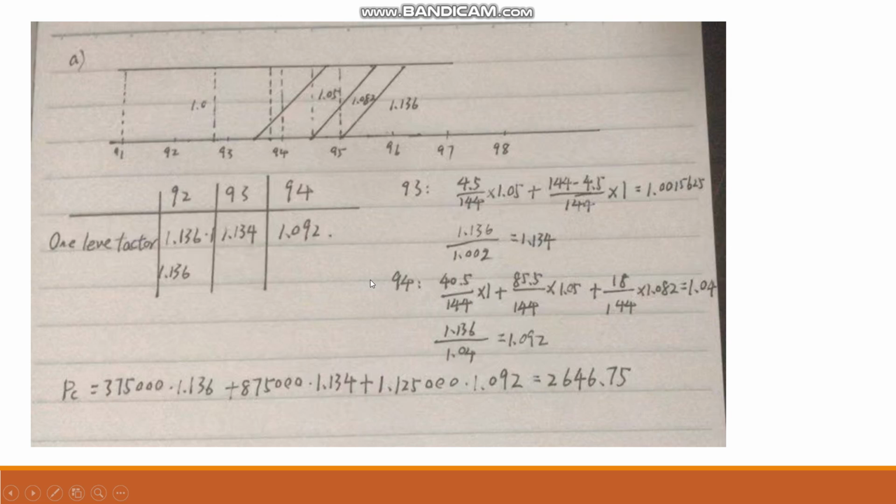And after this, we can calculate the current premium by the earned premium times the sum of the products from the earned premium and the unlevel factors. So the final result is 2,646.75.